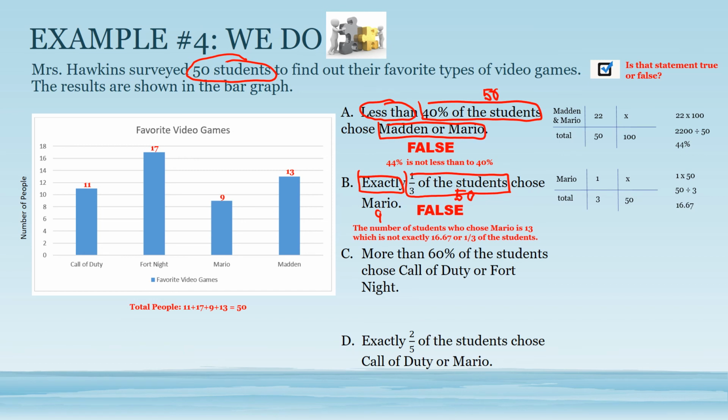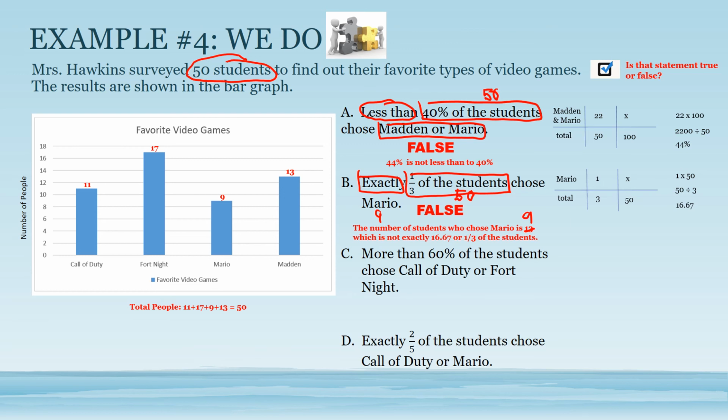So is that 9? Remember, the number of students that chose Mario is 9. Excuse me, that is an error. It should be 9, not 13. So remember, 9 is not exactly 16.67, or 1/3 of the students.